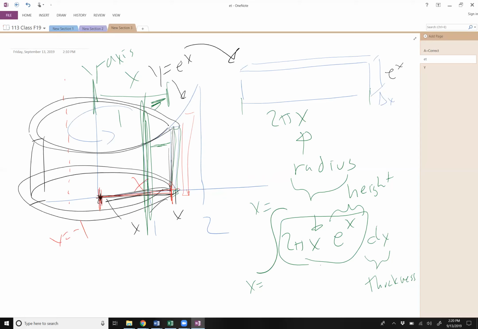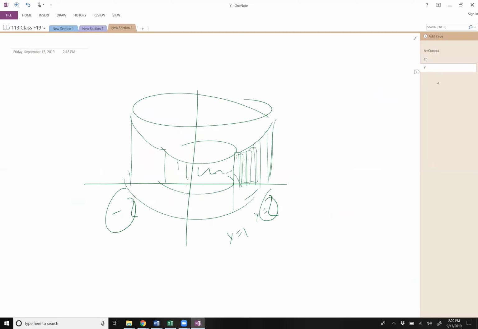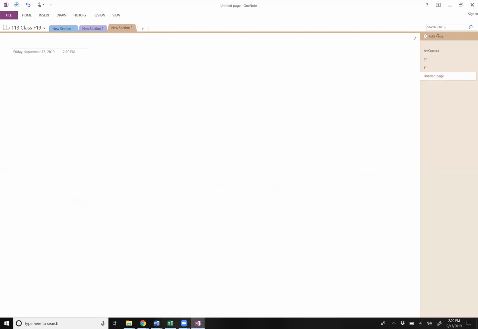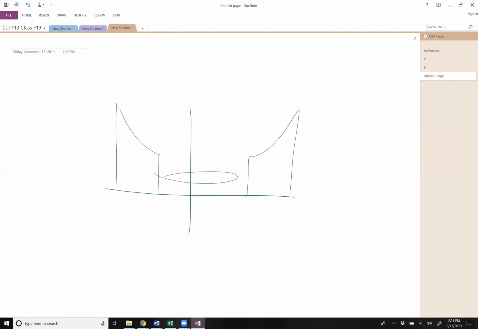You might think that it's easier to do this with disks. And we could try that. You could try setting this up with disks. And if you did, you could slice it horizontally, and you could see we've got a washer there.